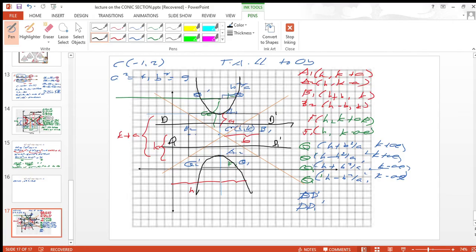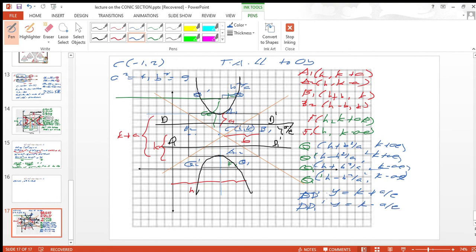And what do we know? From the center, the directrix is A over E. So if we write the equation, parallel with the x-axis, that must be y equals k plus a over e. This is k minus a over e.